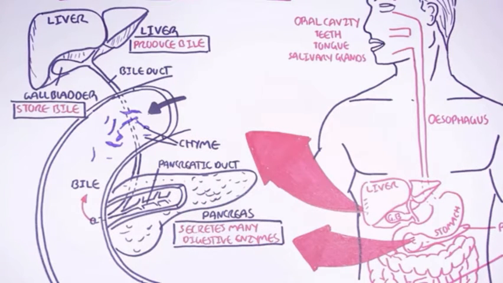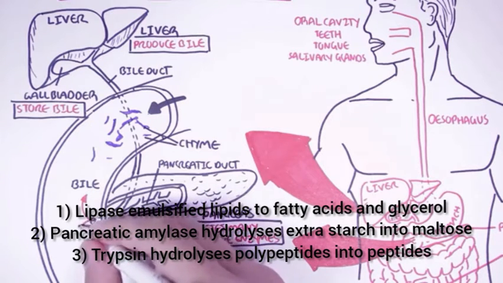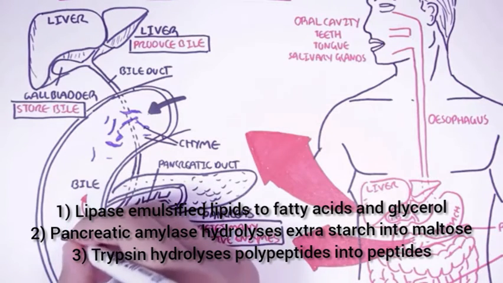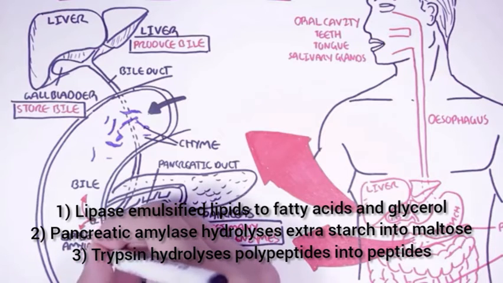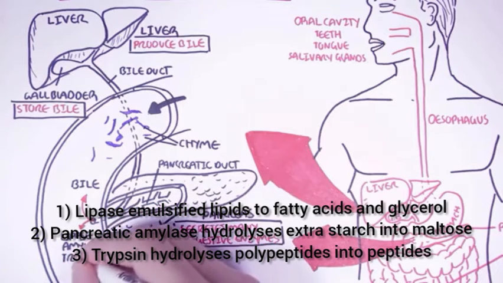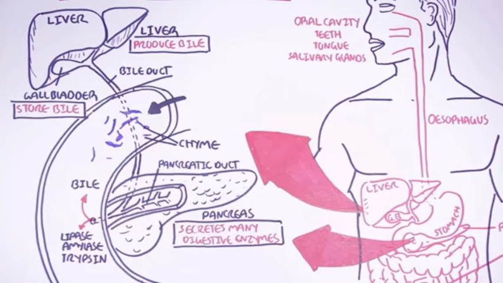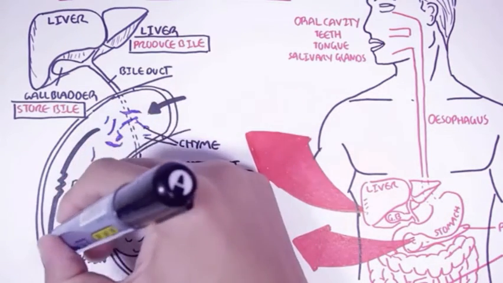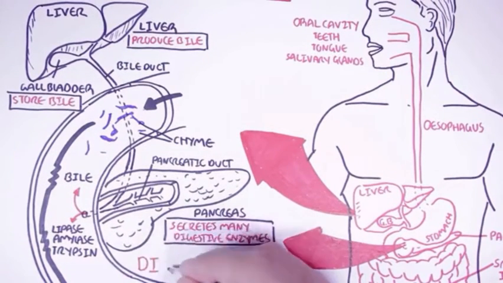The pancreatic duct actually connects with the bile duct and consequently to the small intestine. The main enzymes secreted by the pancreas for digestion are lipases for lipid digestion, pancreatic amylase for carbohydrate digestion, and protease that helps in protein digestion. So the chyme will encounter all these enzymes and will be digested further.